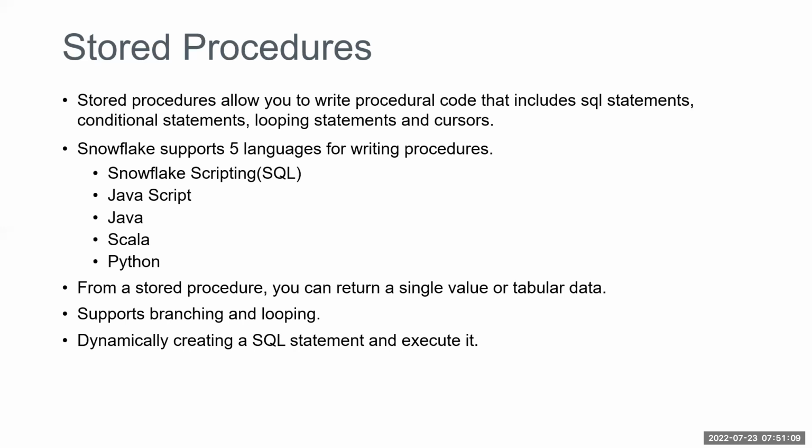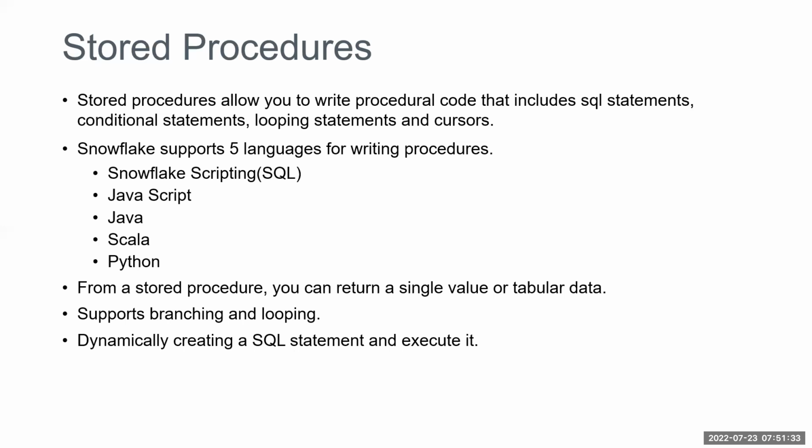You can do looping, you can do conditional. That means based on some conditions, if you want to process data, you can mention if else, okay. If you want to repeatedly do something, you can use loops. And if you want to do row by row processing, you can use cursors, okay. So like this we can write stored procedures in Snowflake.